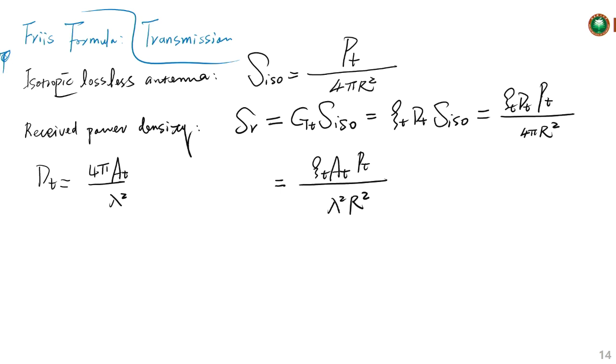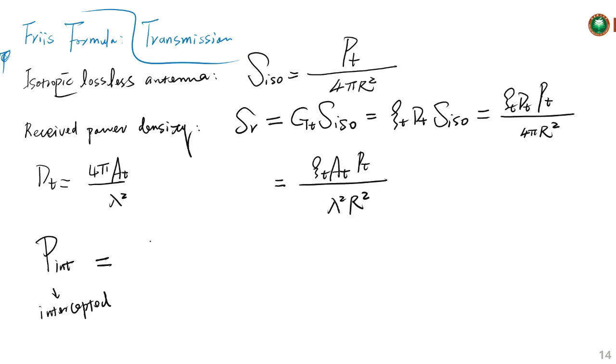So this is the received power density, right? So on the receiver side, we call it the intercepted power.